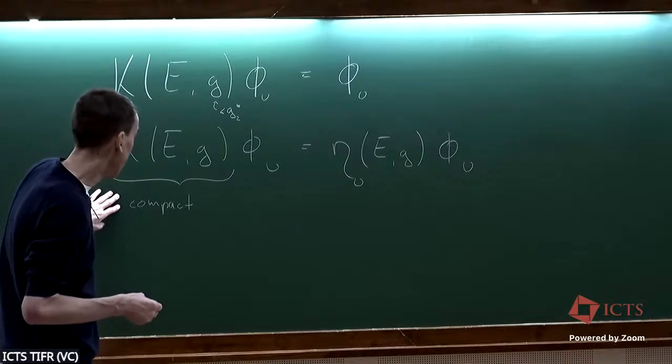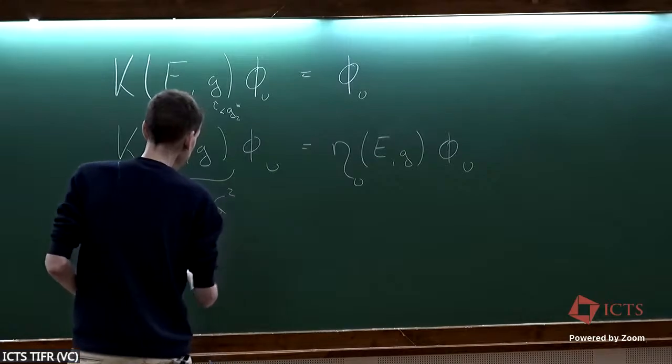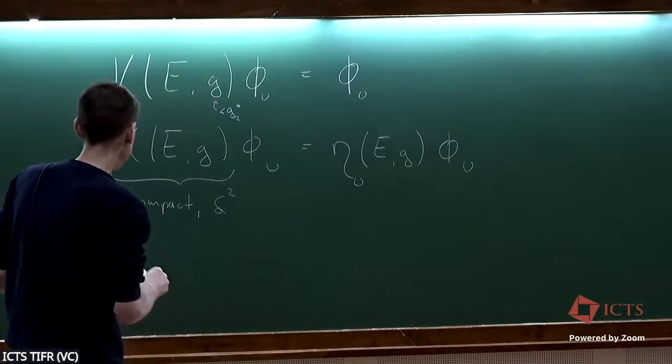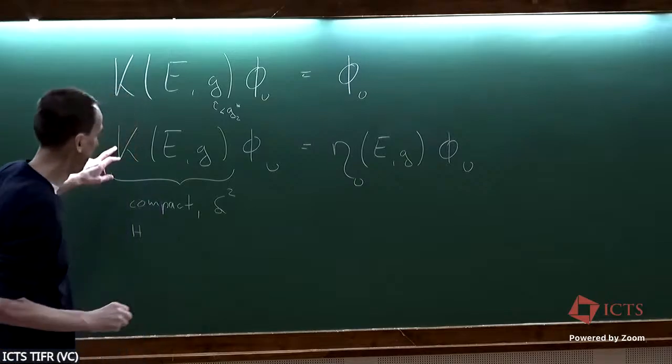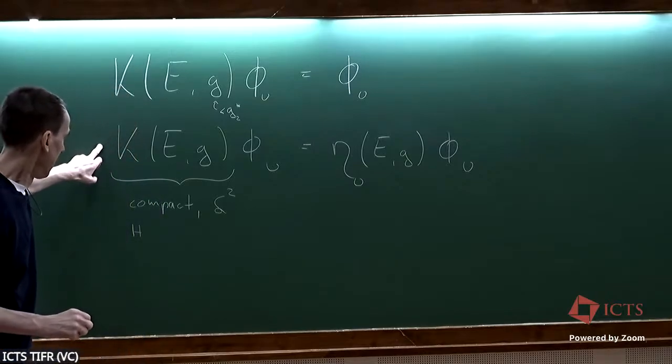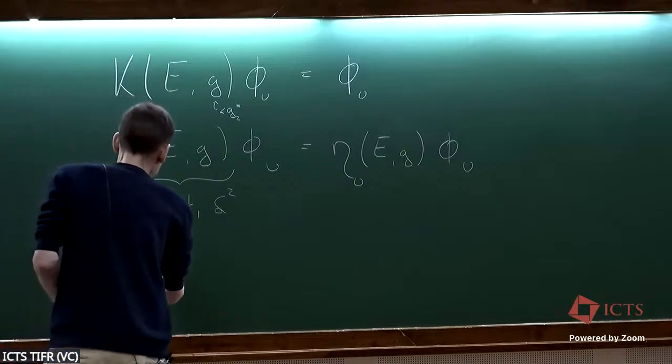So it's a compact operator. It's square integrable. And what else? It can be made, through a unitary transformation, to be a Hermitian operator.